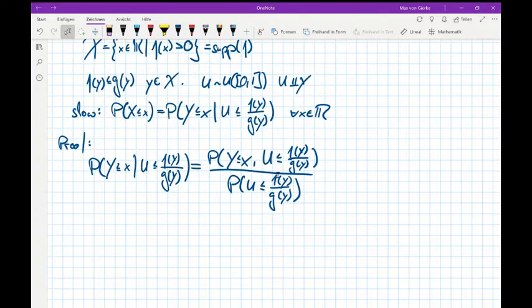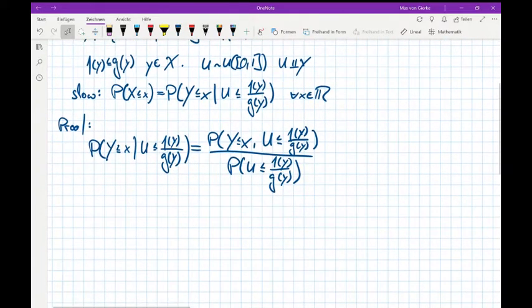But if you did the version of Bayes where you switch the conditions, this was perfectly fine as well. It's just, in my personal opinion, easier to make computations without having a conditional probability.